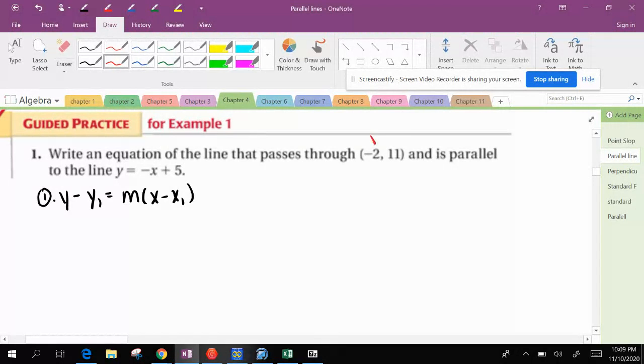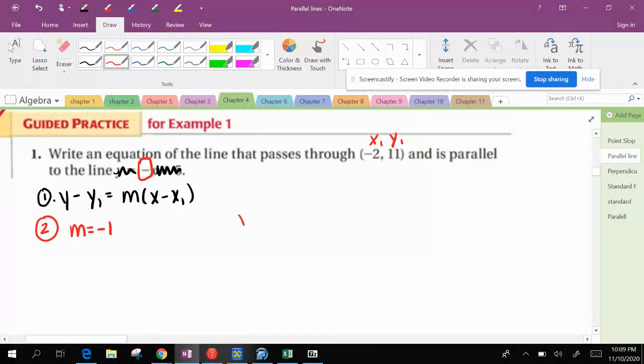I have my point, it's in front of me. What is my slope going to be? Looking at this equation, it's a negative sign, but it's actually a -1. And I don't need any other part of this equation. I just need that -1.